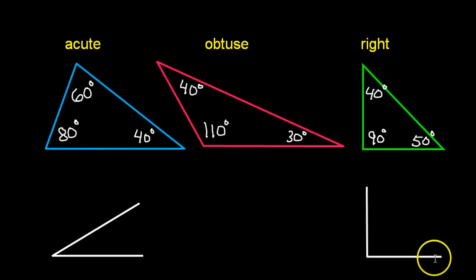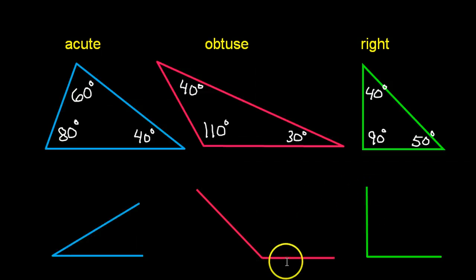So this is a right angle, alright, 90 degrees. You can see this could be part of a square. And this would be an acute angle less than 90 degrees. And of course an obtuse angle is what I'd get if I took this and I stretched it open wider. So this would be an obtuse angle.